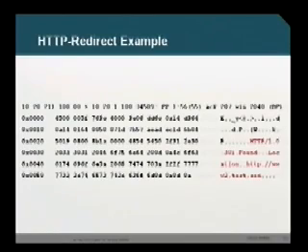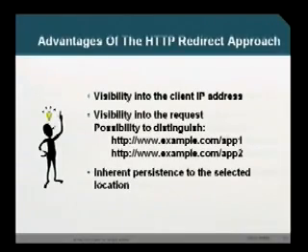HTTP 301, 302 is basically a location move message, which tells the user, okay, the content has moved, go to this new location and get the content.